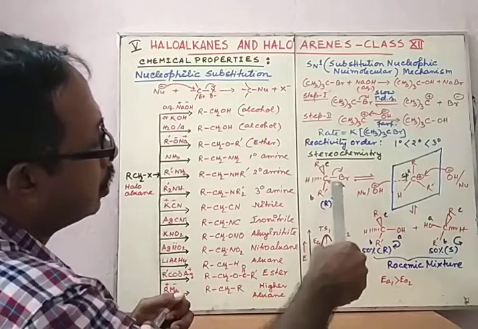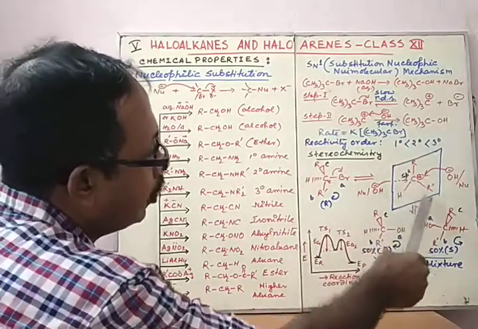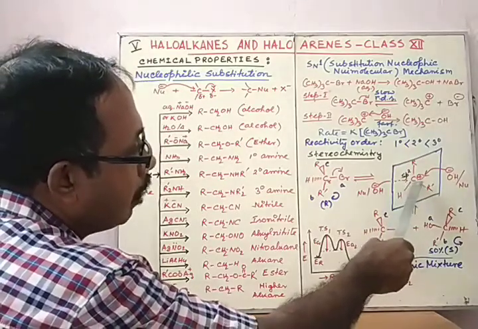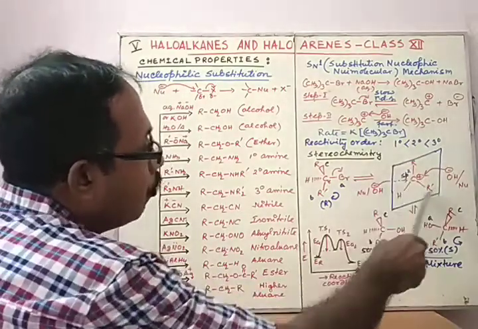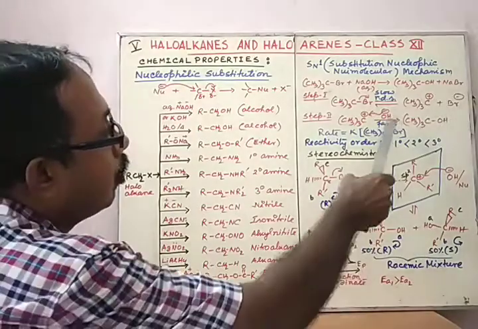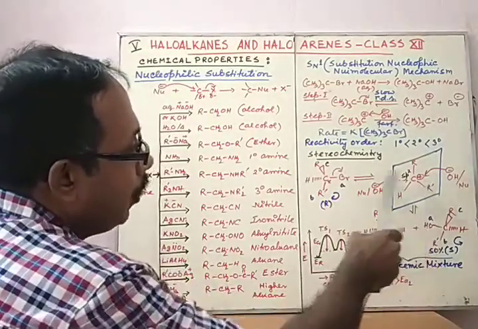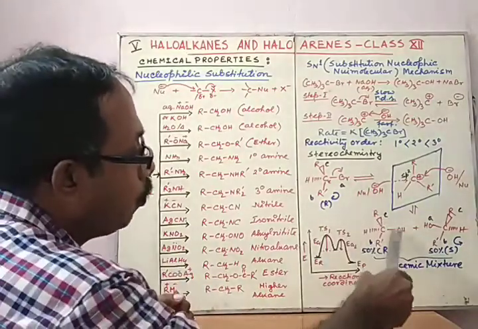Next, in the mechanism, this carbon halogen bond is broken to form this carbocation, which has an sp2 carbon. This carbon is sp2 hybridized, so it is a planar form. This carbocation is in a plane. Now in the next step, when the nucleophile is attacking, it can attack from this side of the plane or from the back side of the plane, giving rise to products.